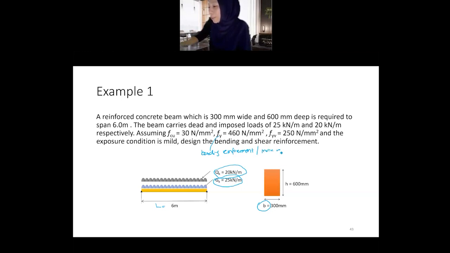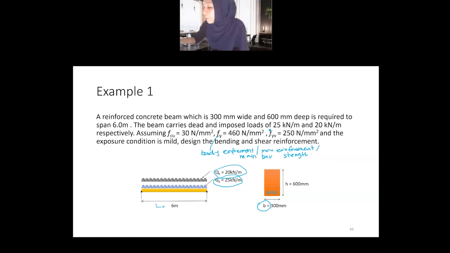Main reinforcement, main bar, benda yang sama. We are referring to this punya strength. Okay, strength of the main bar. Mana satu main bar yang duduk kat bawah ni? Contohnya so itu main bar. Ataupun main reinforcement ataupun bending reinforcement.